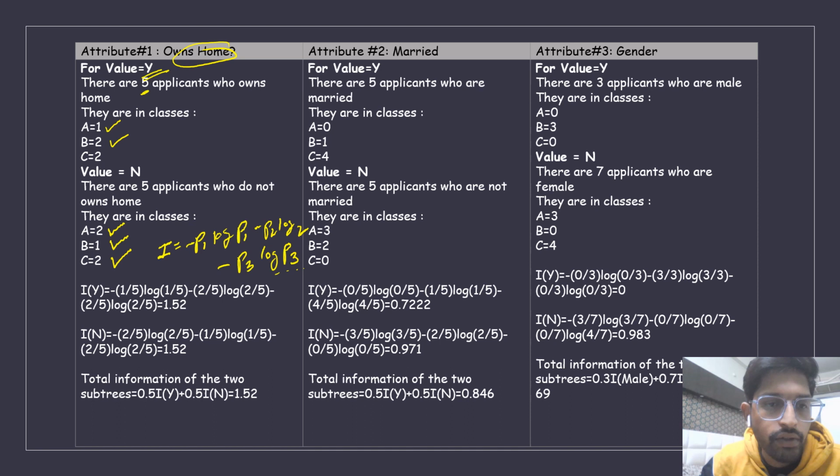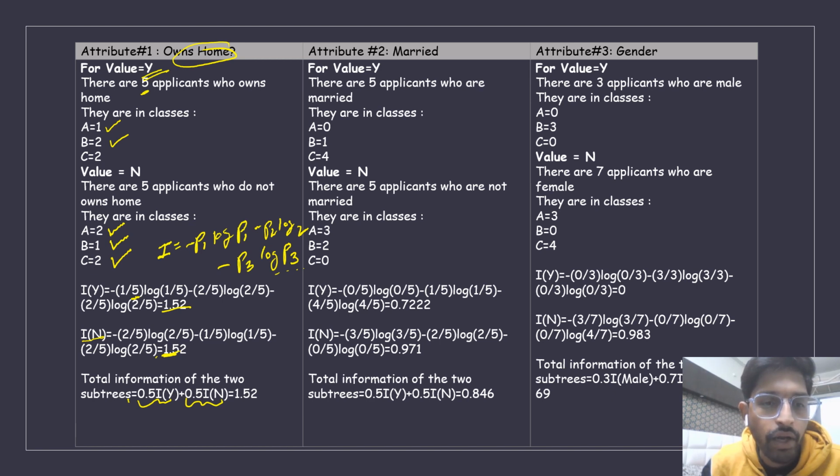Here, the number of values for A corresponding to yes is 1 and the total number of values is 5. So it's minus 1 by 5 log 1 by 5, minus 2 by 5 log 2 by 5 and minus 2 by 5 log 2 by 5. The value comes out to be 1.52. Similarly, we calculate the information for N, which also comes out to be 1.52, and we calculate the total information of the two subtrees, y and n, together.